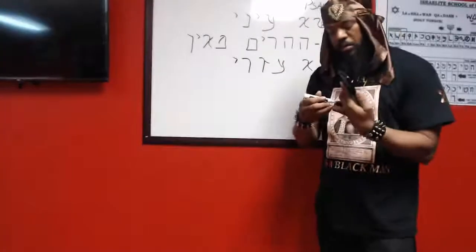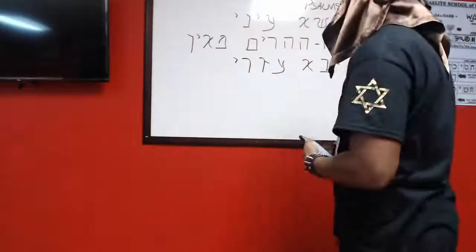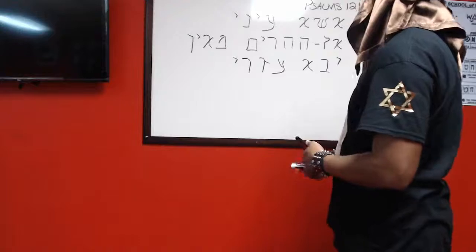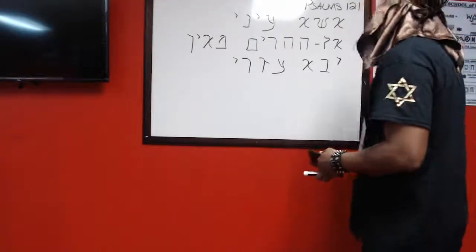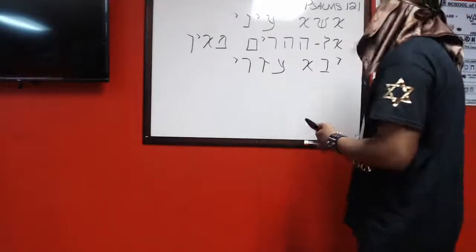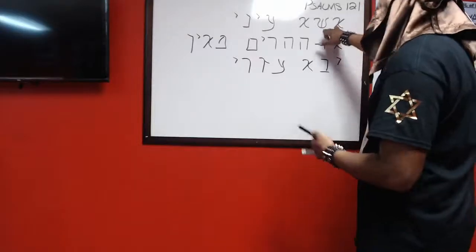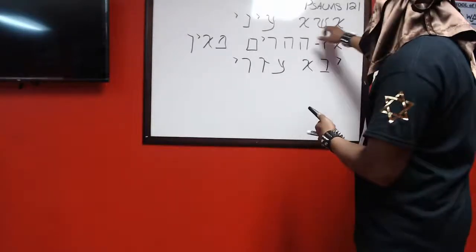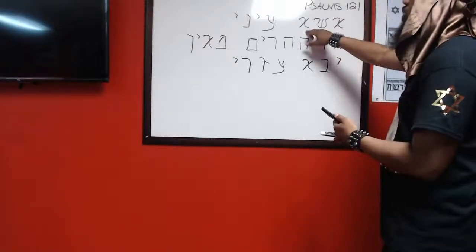All right. Now, in our Hebrew, going over the book of Psalms 121, and our first verse, written in the Hebrew, reading from right to left. Breaking it down syllable by syllable. We got a, sha, a. We're going to pronounce that a-sha-a.